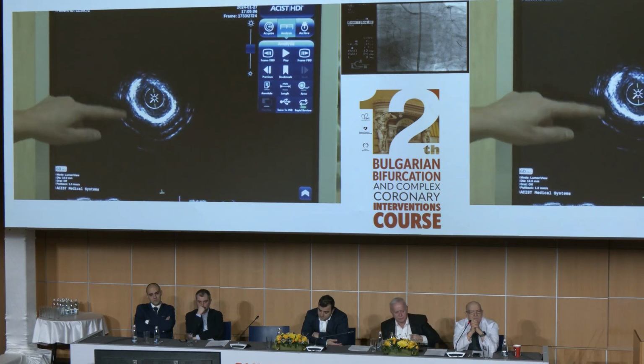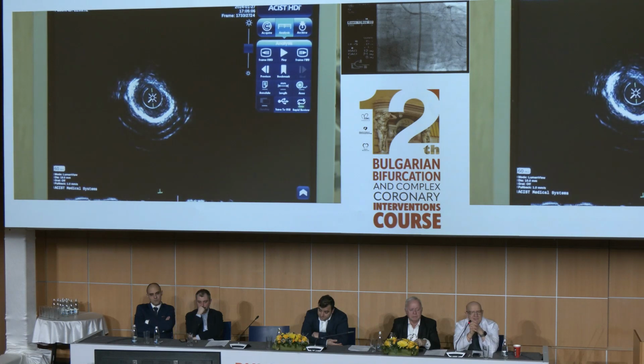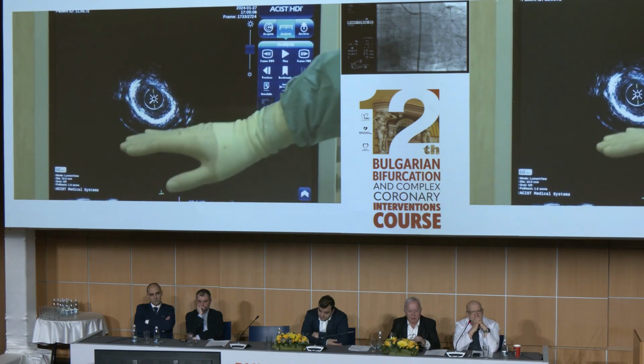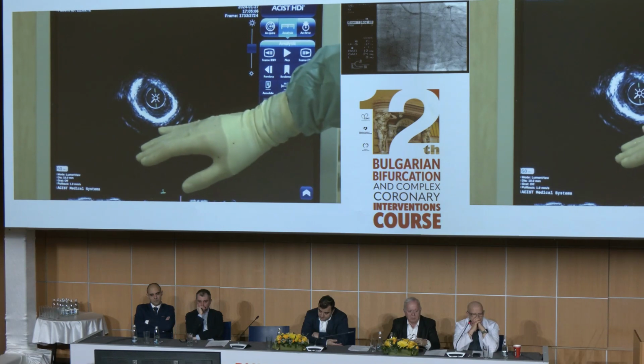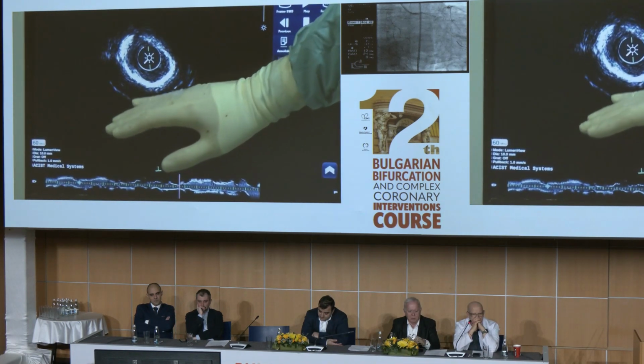The issue is that probably this calcium is not only superficial and it is deep. We have doubts about that. There are several reverberations behind the calcium, and this is a clear mark that the calcium is only superficial.